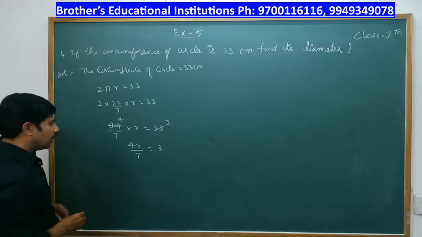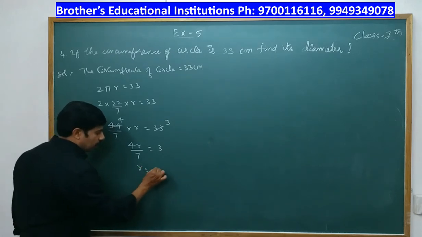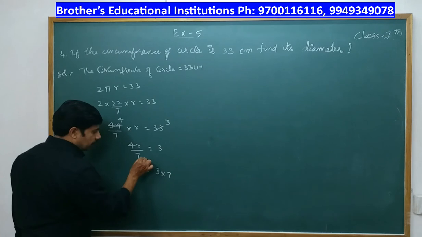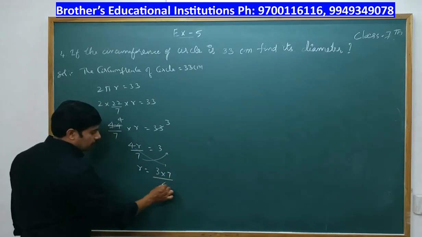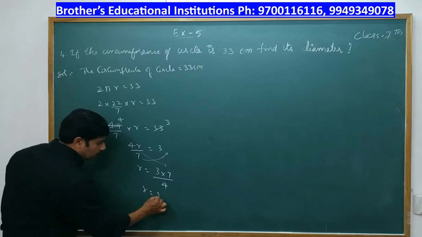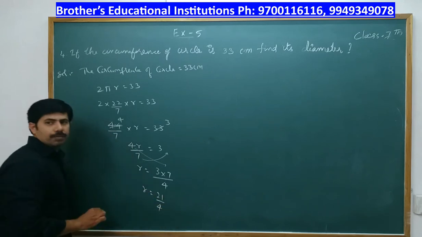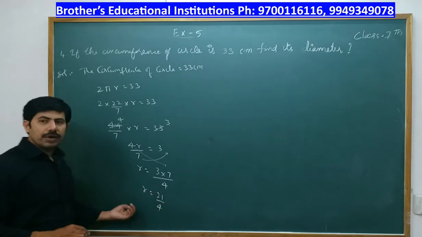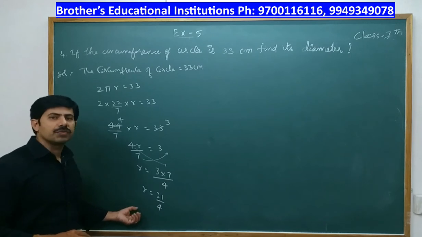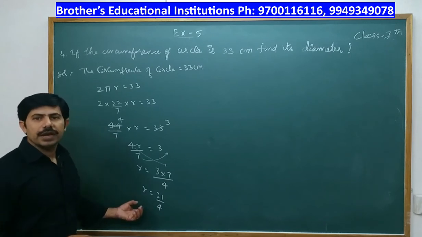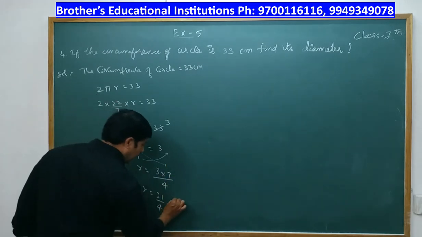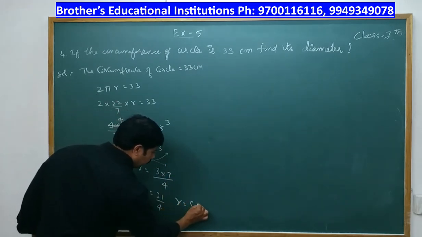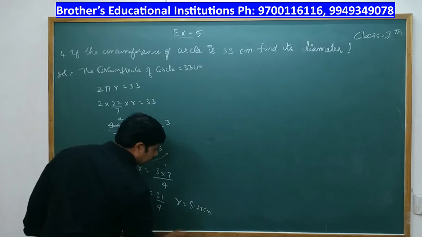Now we'll cross multiply except this r. So r will become 3 into 7. The denominator 7 goes to the numerator and the numerator 4 will come to the denominator. So the r value is 21 by 4. Now we need to divide 21 by 4. So we get 5.25. So the r value is 5.25 centimeters.